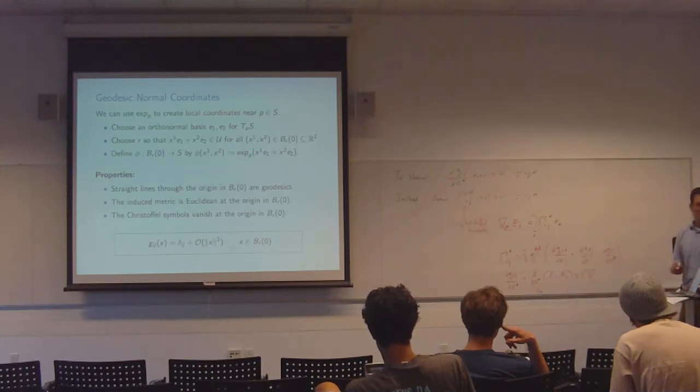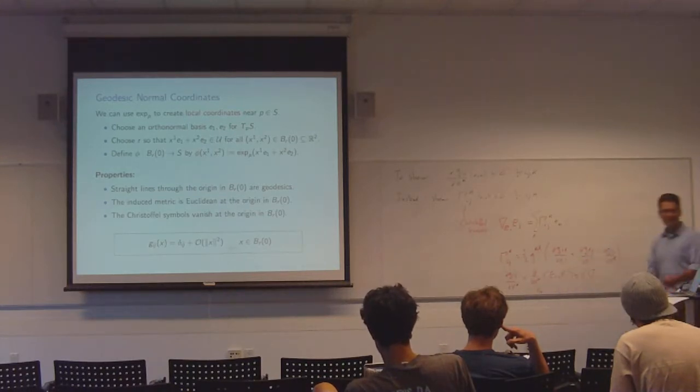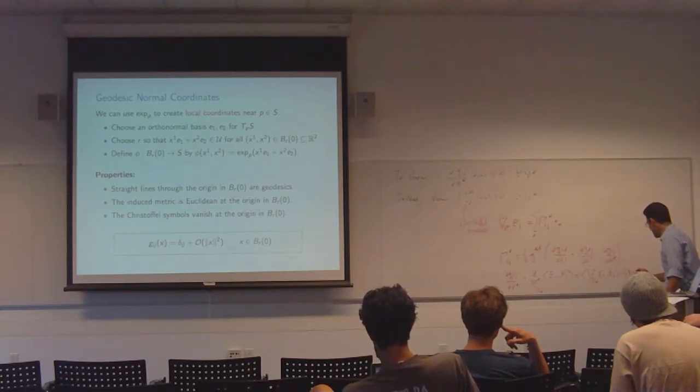Now you use the metric property of the covariant derivative: this derivative on the outside comes in via the product rule. So you have the inner product of the covariant derivative in E_k of E_i with E_j, plus E_i with the covariant derivative in E_k of E_j.